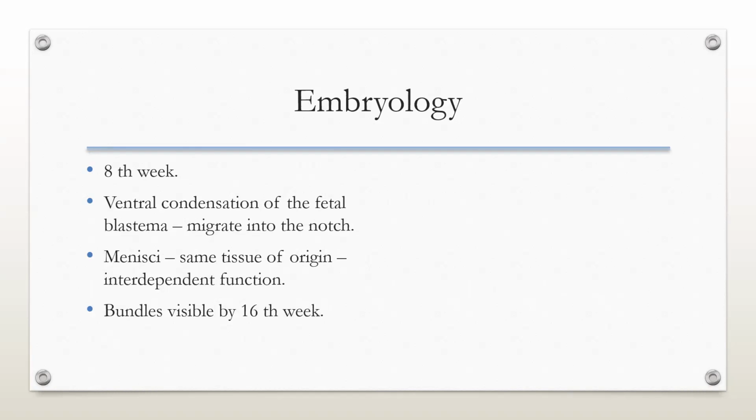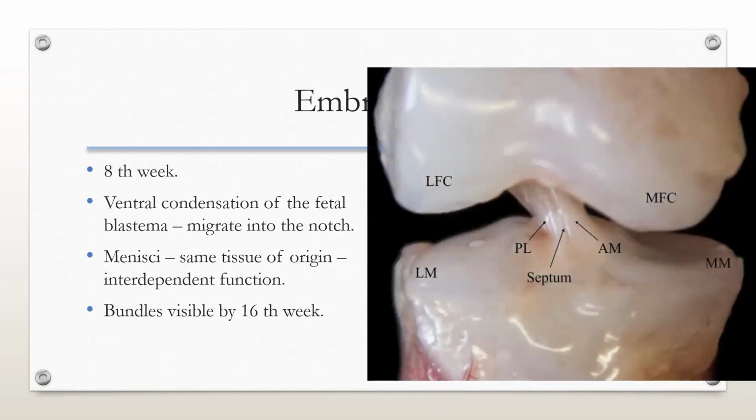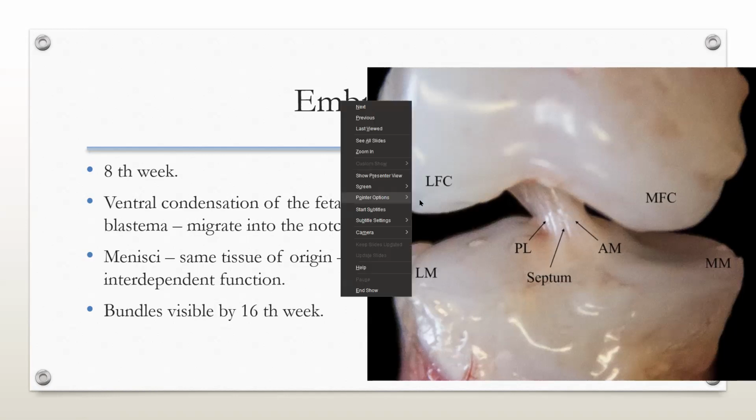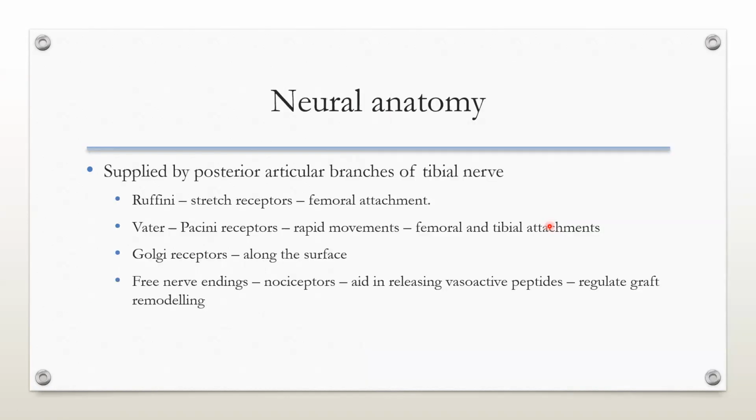A point to note is that the menisci also originate from the same tissue, thus explaining the interdependent function and the very close proximity of the attachments of the ACL and the meniscal origins. The distinction between the anteromedial and posterolateral bundles can be seen as early as the 16th week. As can be seen here, there is a minute septum dividing the anteromedial and posterolateral bundles.